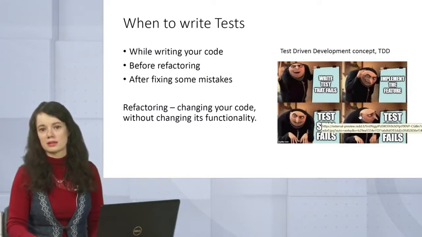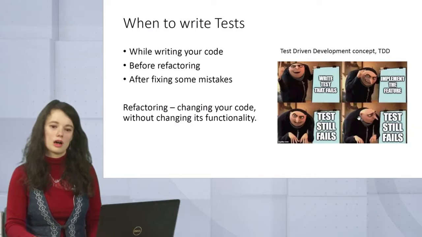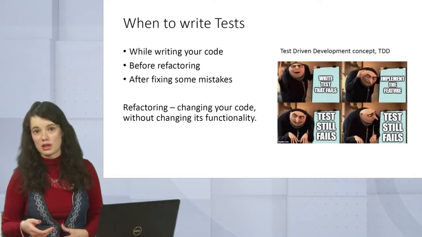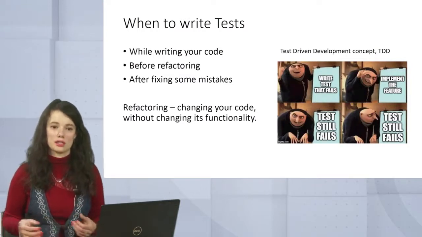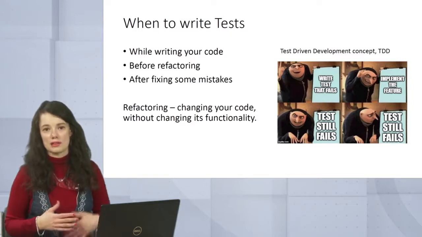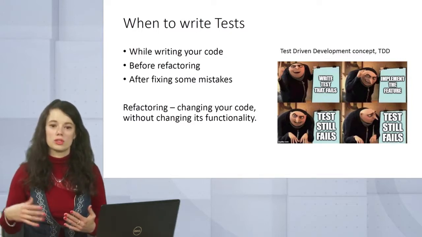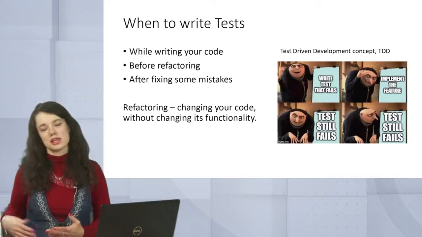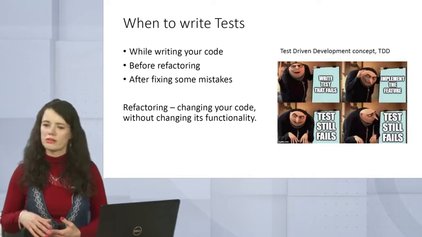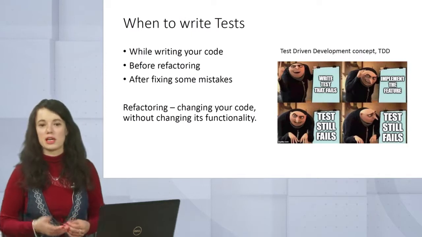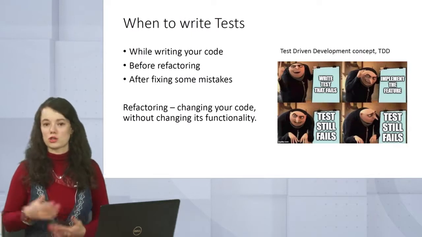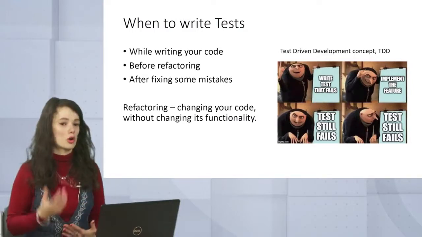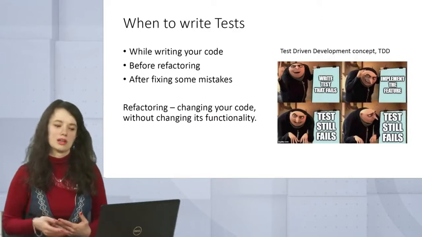So where can we find time for testing? The first and easiest way is to test your code while you are writing it. It's very easy because you understand the whole logic of your functions, and then you can write tests for this logic. The second convenient way is to test your code before refactoring. By refactoring I mean changing the code without changing its functionality, for example renaming variables, changing some structure, or making it more optimal.